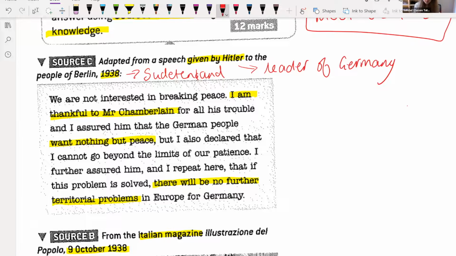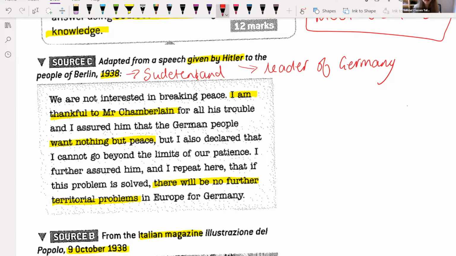If it isn't showing you something, why not? So for example, you could say for source C is useful because it doesn't tell us that Hitler actually wanted the policy of Lebensraum and had every intention on using the Sudetenland as an area to then launch an attack on the rest of Czechoslovakia.